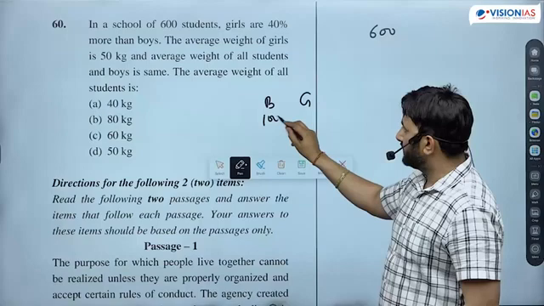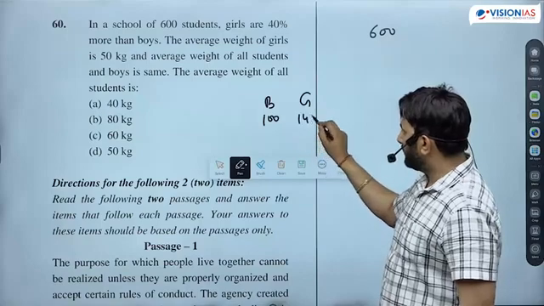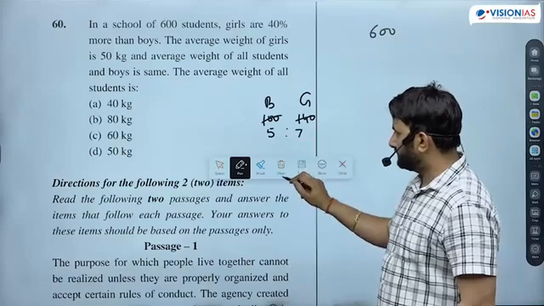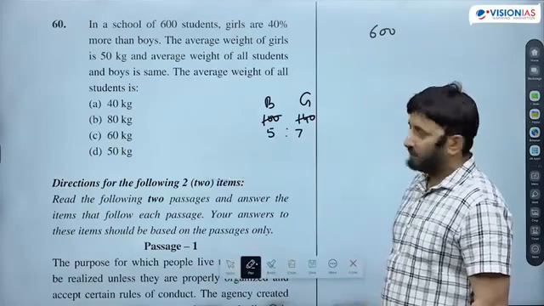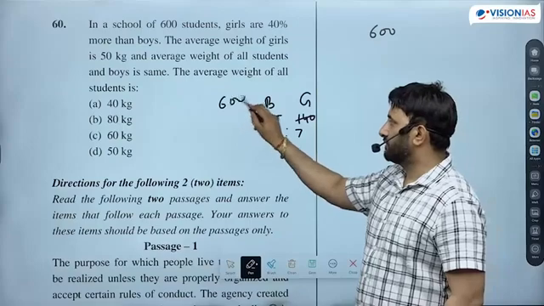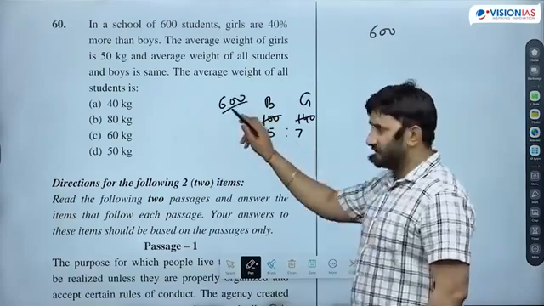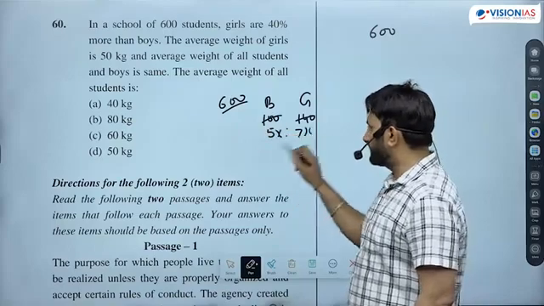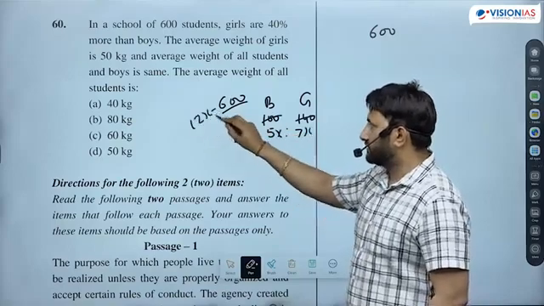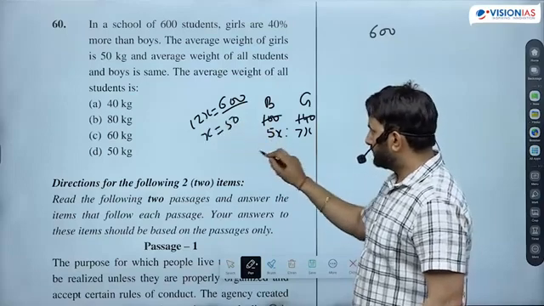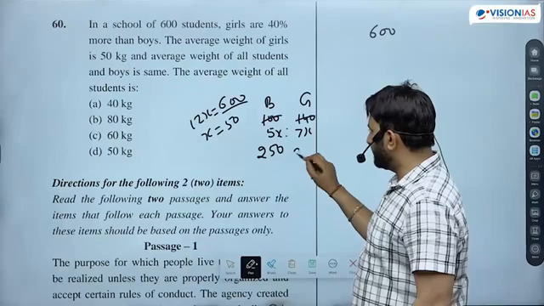If the boys are 100, then girls will be 140. So that ratio is 5:7. First break 600 in 5:7. 5 + 7 is 12. If this is 5x, 7x, total 12x. 12x is equal to 600. So x will be 50. So there are 250 boys and 350 girls.